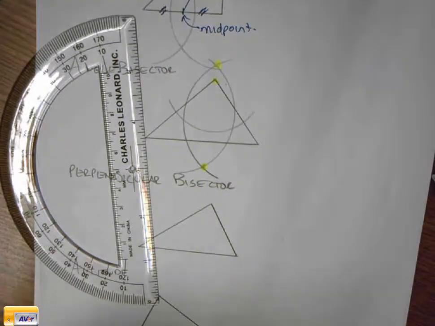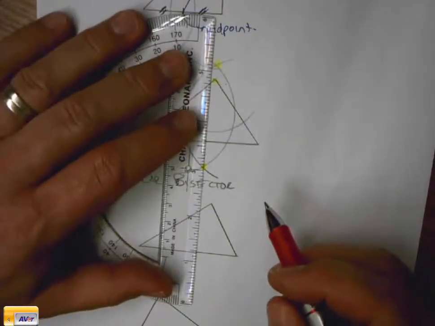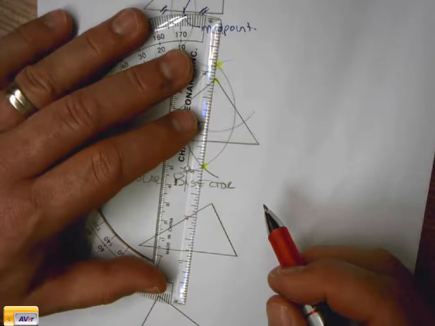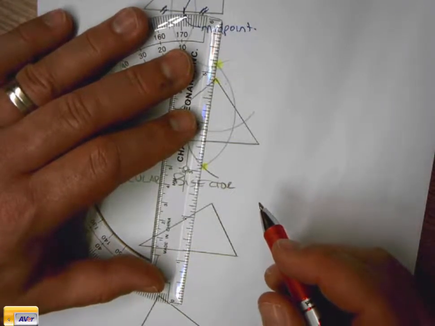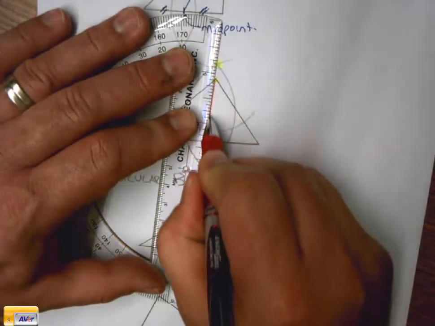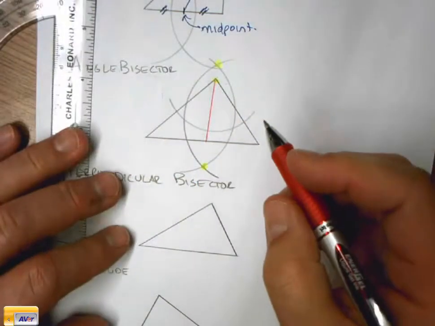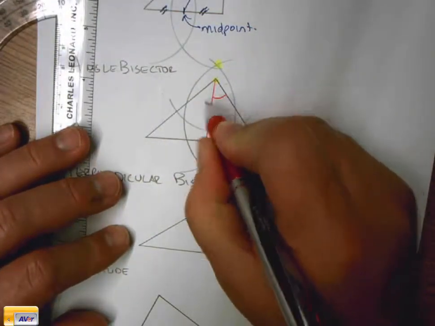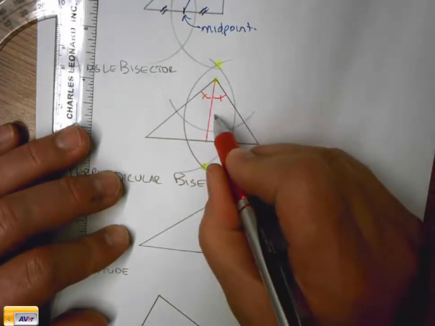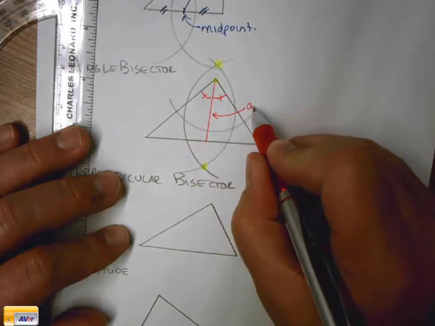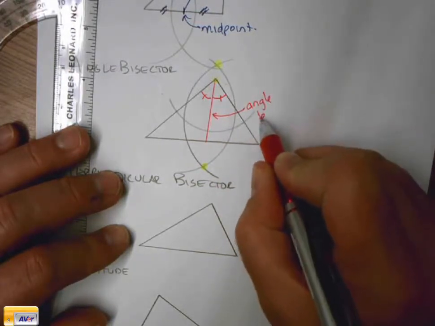And I know that 3 points are not always collinear. That takes something special. So if I've done this correctly and I see that all 3 points are in a row, that tells me that I've done it correctly. And for this, I only need to draw that much of it, demonstrating that these two angles formed by this angle bisector are in fact congruent, knowing that this is then called an angle bisector.